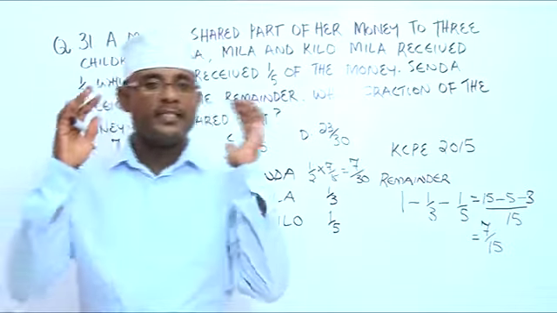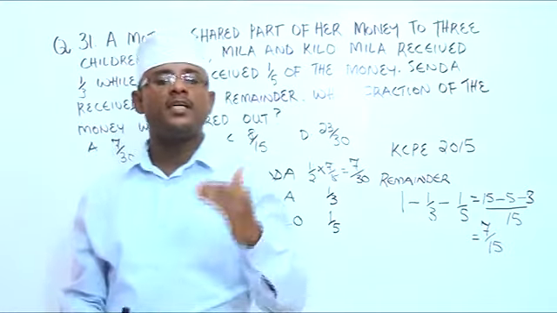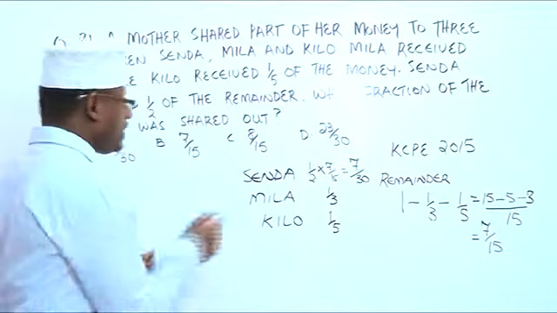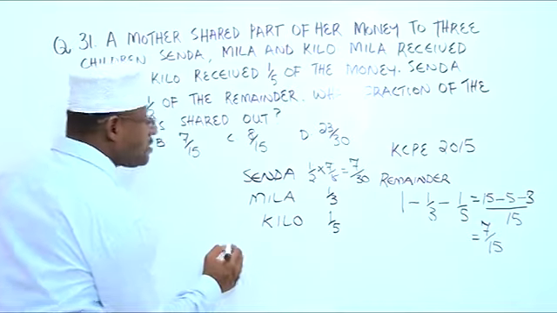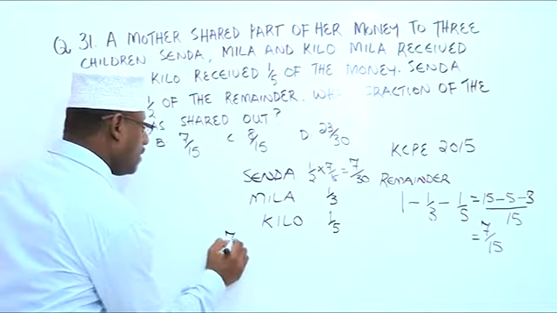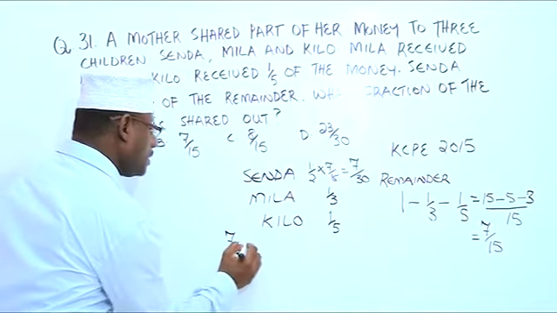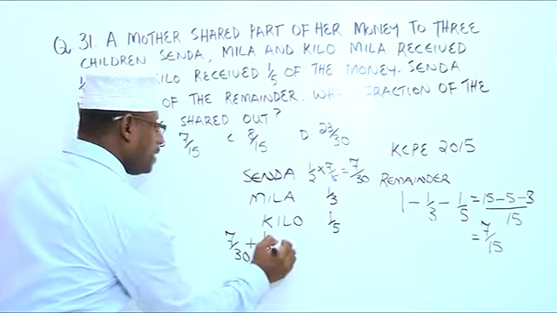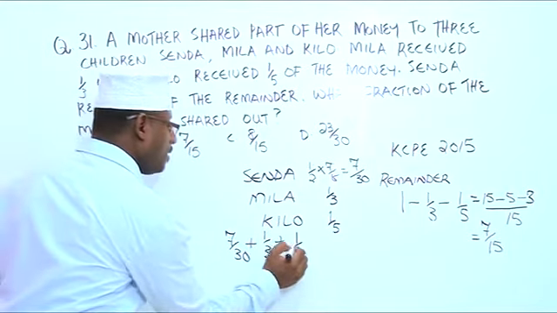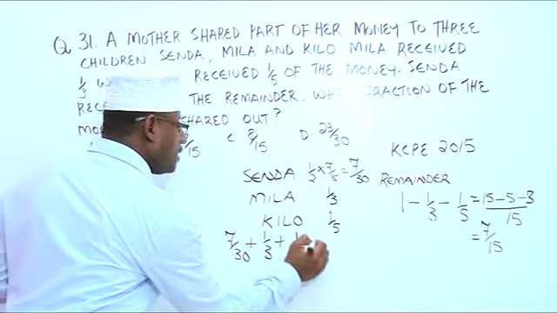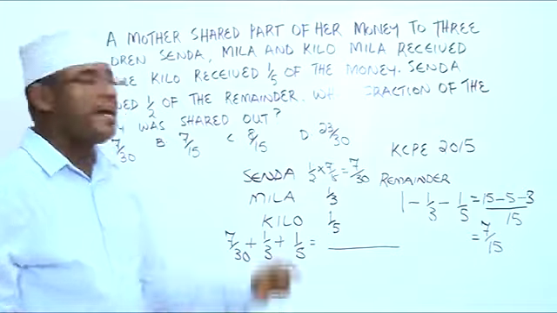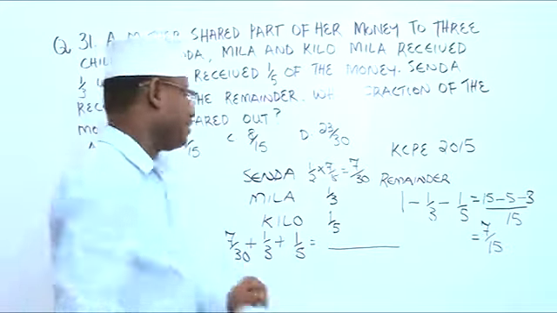So when you get the total, that will be the fraction of the money shared out. So let us do it. Now we have Senda 7 over 30 plus Mila 1 over 3 plus Kilo 1 over 5. The LCM of 30 and 3 and 5 is 30.